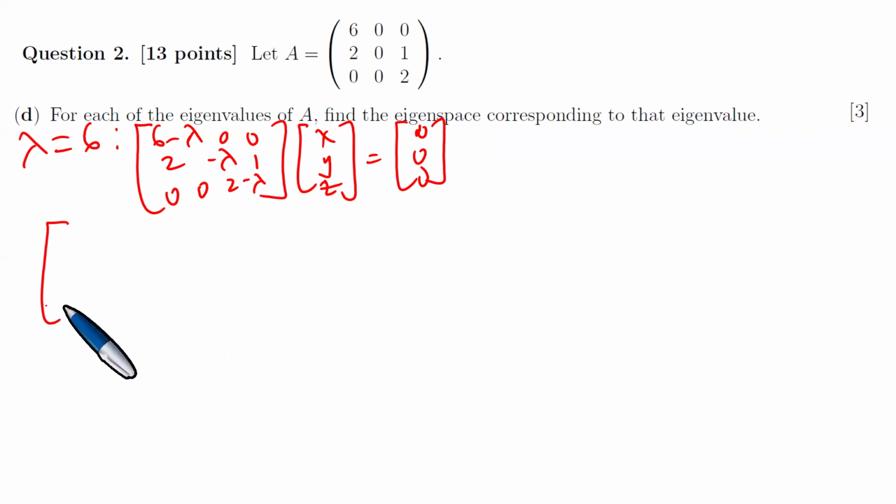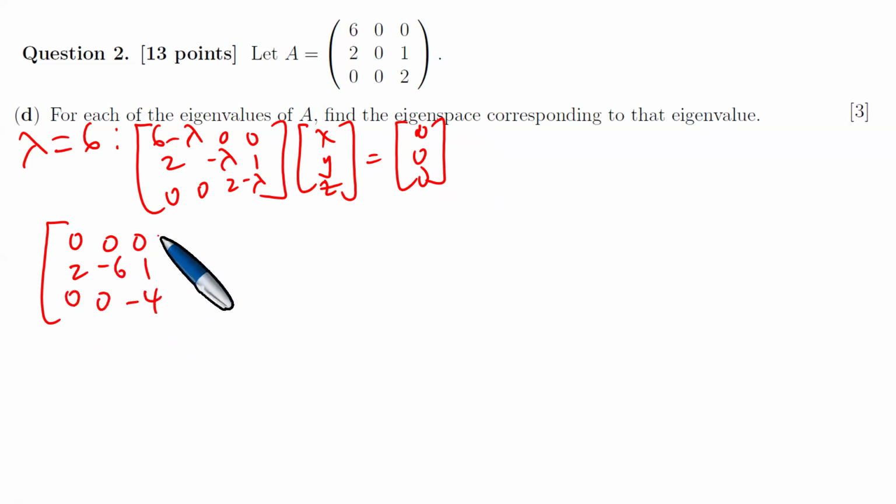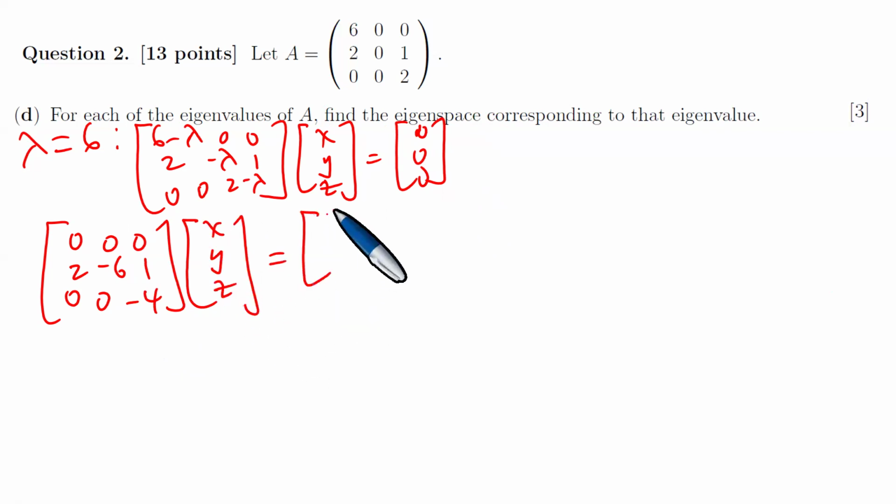We're putting in 6, 0, 0, 0, and then 0, 0, minus 4, times x, y, z, equals 0, 0, 0. Now we're interested in the null space.